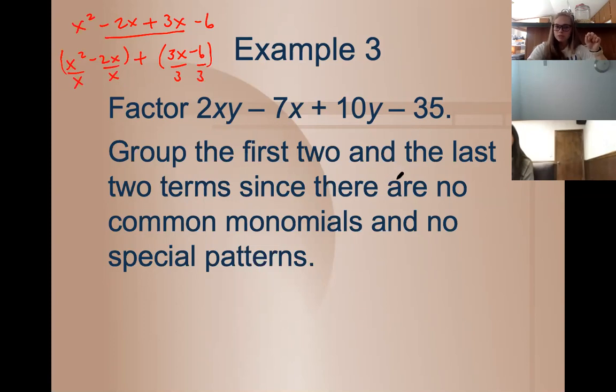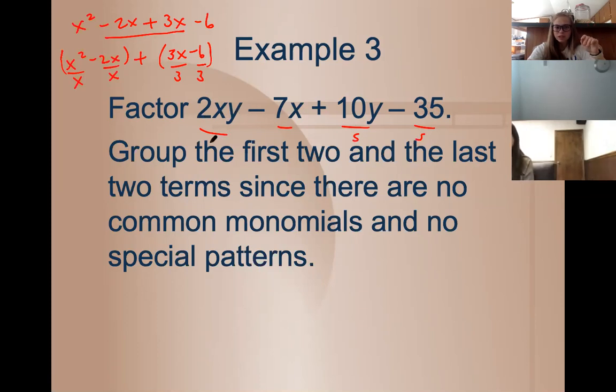But here's what we have to do. We have to look at all of the terms and say, okay, which ones should I group together? Should I group together the 10y and the 35? Okay, well, if I do, what could I pull out of that? There's a common factor of 5. I could pull out a 5 from those. What about here?